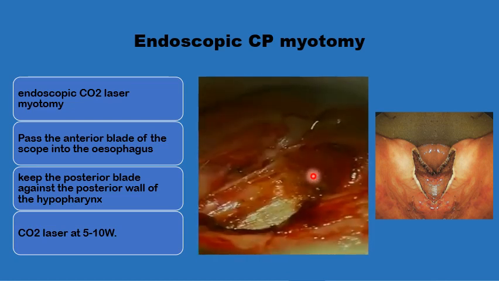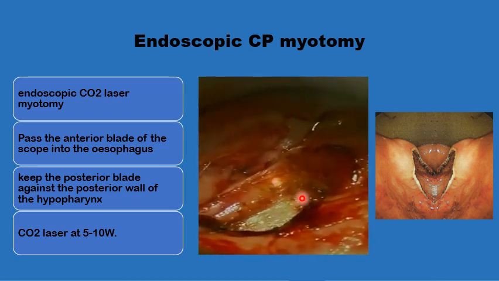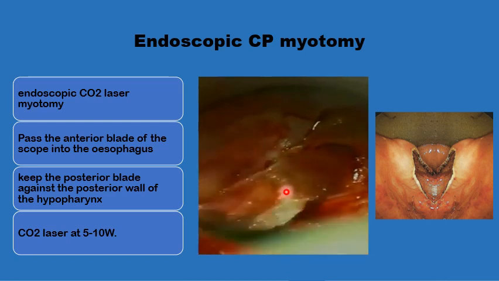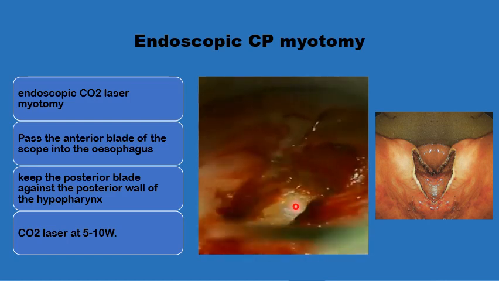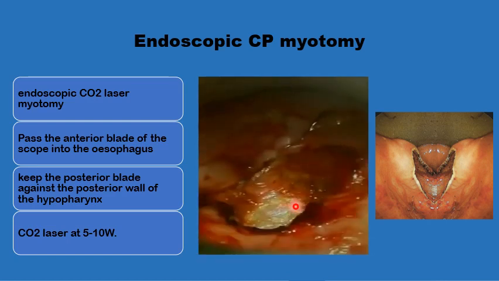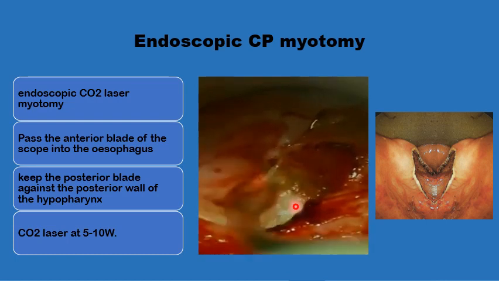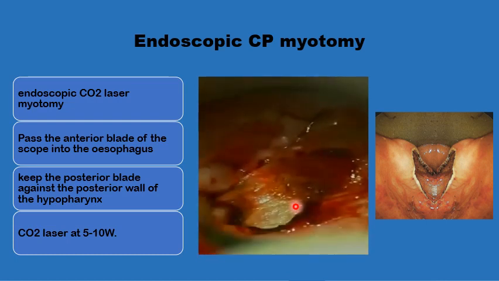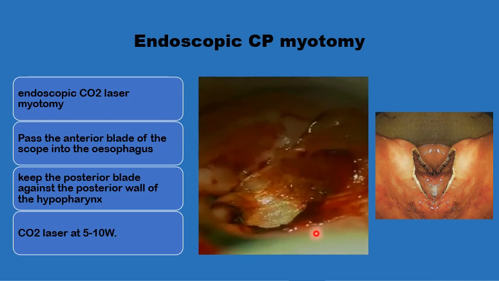This is the limit of the myotomy. This fascia should be preserved to avoid any perforation of the pharynx and the esophagus and the potential for developing of mediastinitis.